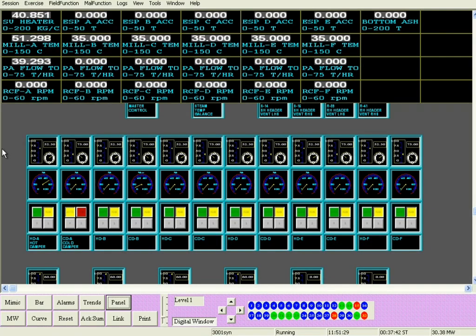Now you see that the mill temperature is rising, but the PA flow is around 39 or so. So we may increase the PA flow a little bit, so that the temperature will also rise. So we increase the PA flow. We have put the cold air damper on auto.